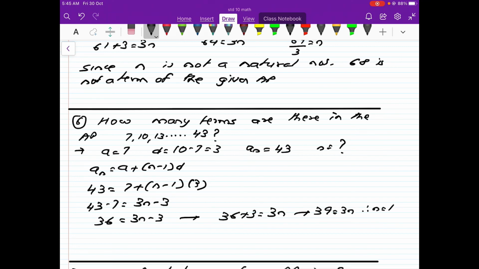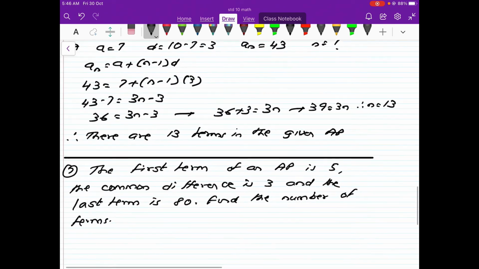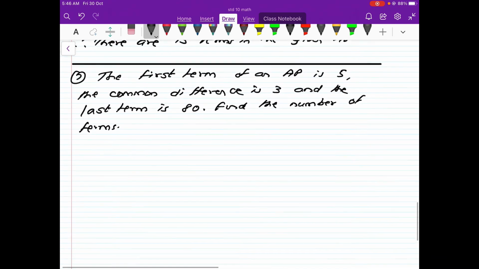Therefore n is equal to 39 upon 3 means 13. So we can say therefore there are 13 terms in the given AP. So we are making use of this formula for solving different types of sums.